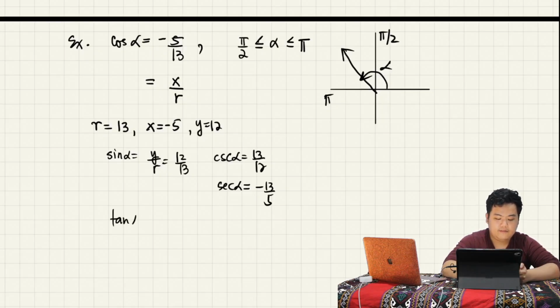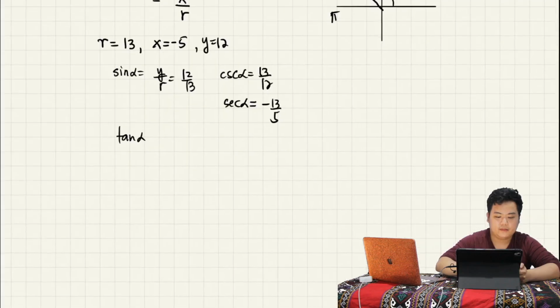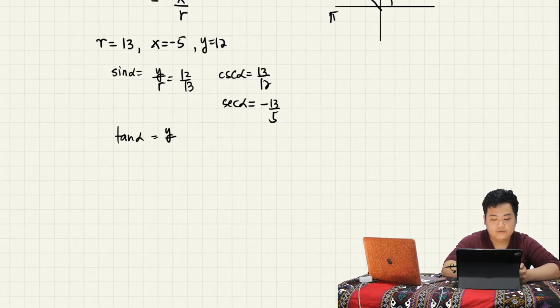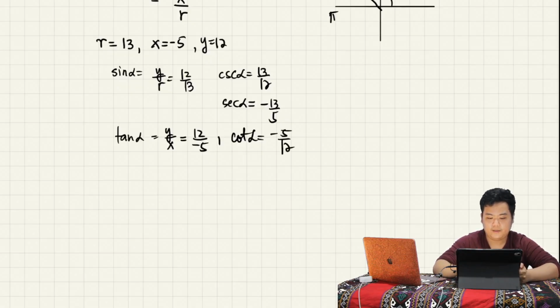Okay, tangent alpha, that is y over x. Anong y natin? 12 ang x negative 5. Cotangent alpha, reciprocal of tangent. Okay.